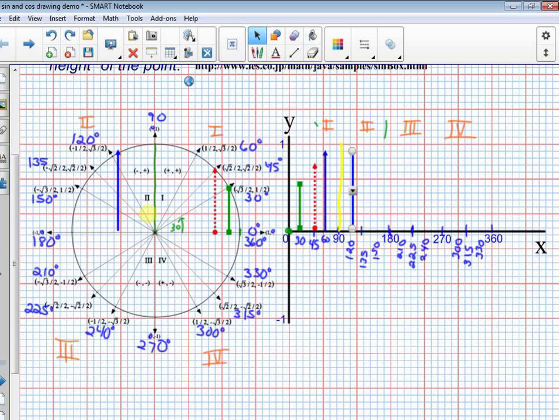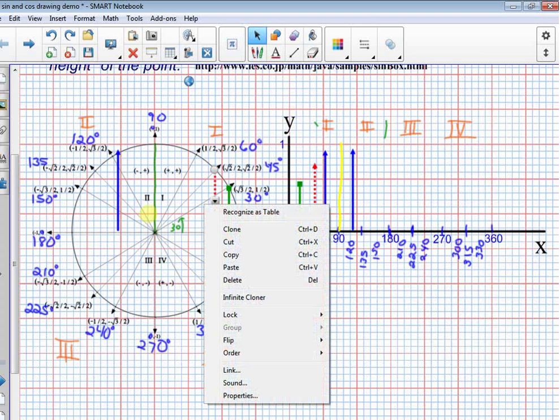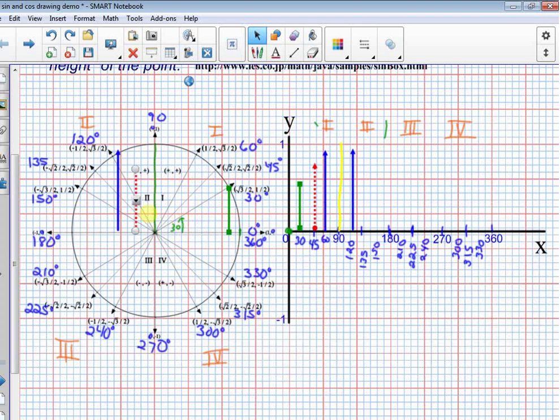So I'm just getting the heights. Now I want to take the red one. And I want to get the height at 135 degrees. So I'm going to clone that, and then put that at 135 degrees.